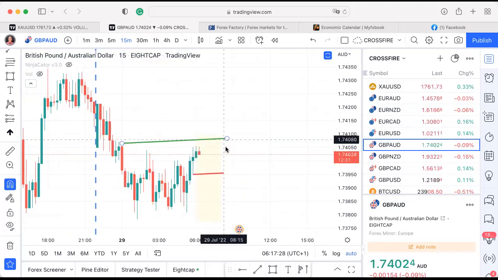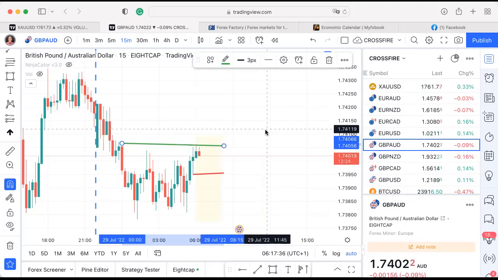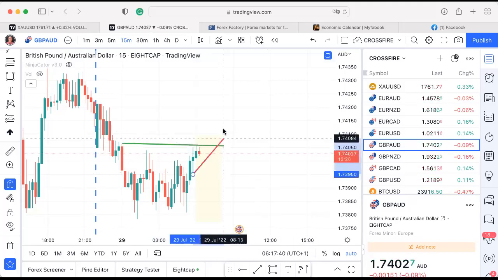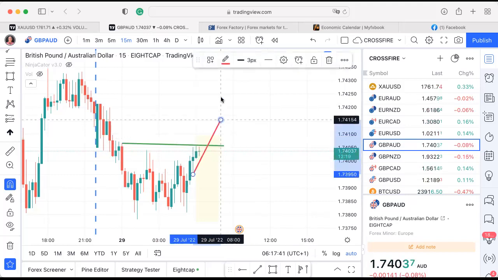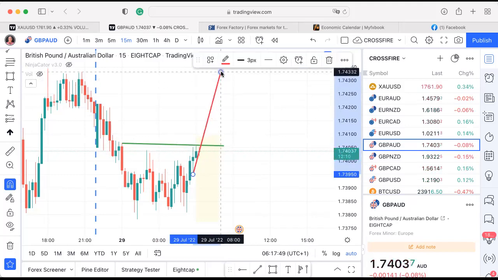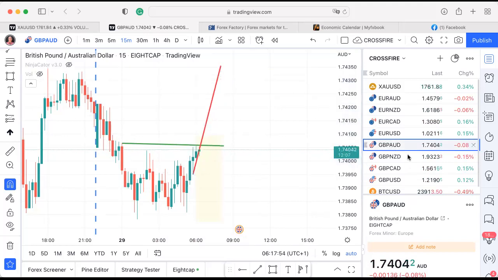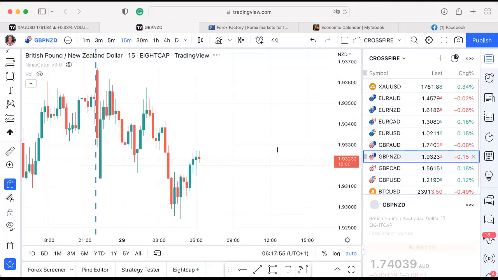That was almost a straight line, isn't it? It's almost a straight line. It's slightly downward angle again. And then we put that so that it goes up through and touches it. You see there is a small wick on the 6 o'clock candle. I'm just trying to touch that, and I think I've managed it there. I'll just move it a little bit further. There we go. And then the last one, it's a New Zealand dollar.